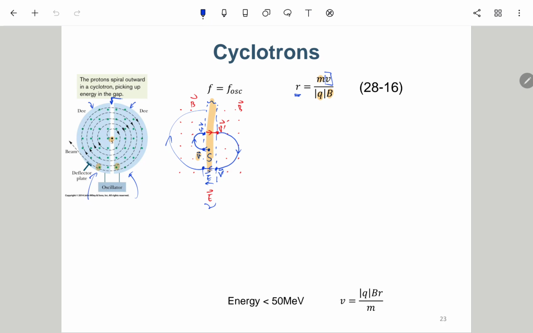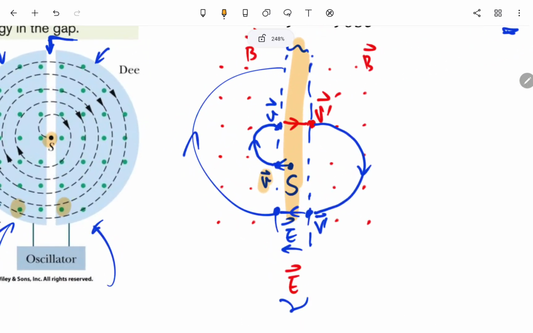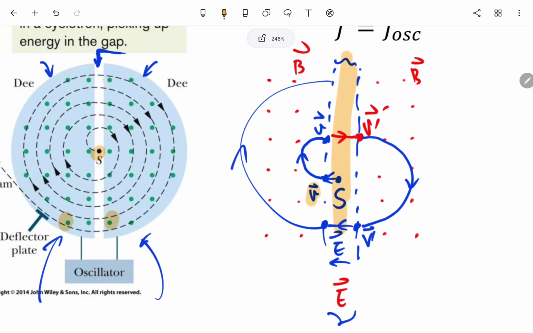Okay, so here we have a limitation. For this cyclotron, the energy is only up to 50 mega eV. Okay, it is not large. The idea is that we need to generate the B field inside this whole disk and also this half. As much as you need to generate B field, you need to spend power.